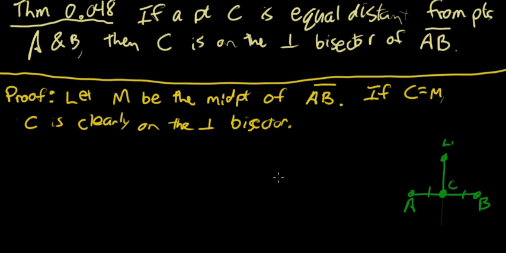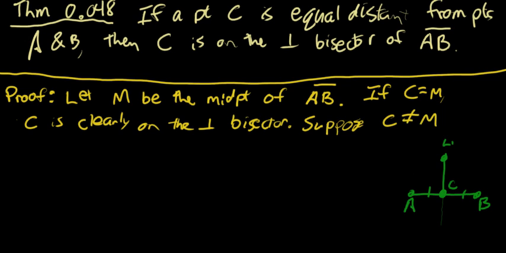And we have to be careful with the word clearly. We really shouldn't be using it here, but something else would take a little bit of time to say. So we'll say, suppose C does not equal M. So C is somewhere else on the line.